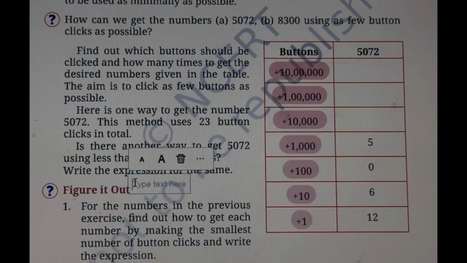So we take 5 into 1000. So thousands click remains the same. Then now tens button they have clicked 6 times. We can take maximum 7 times. So we will do that.